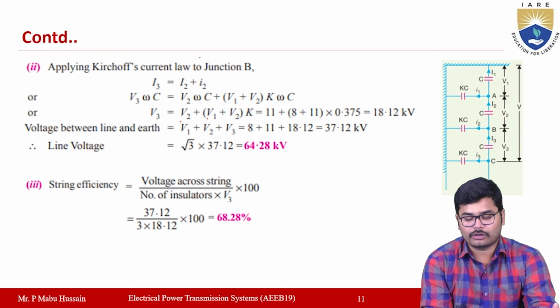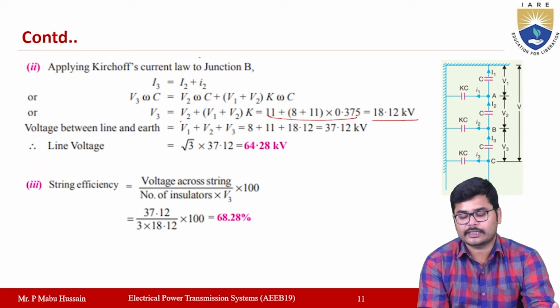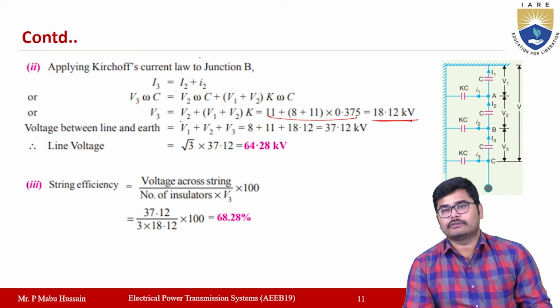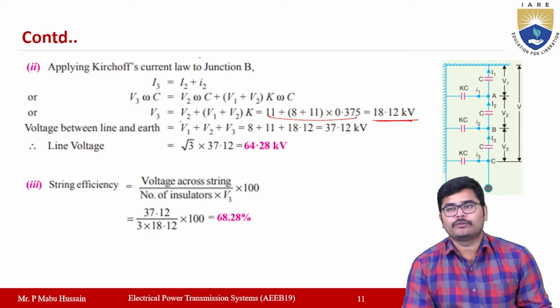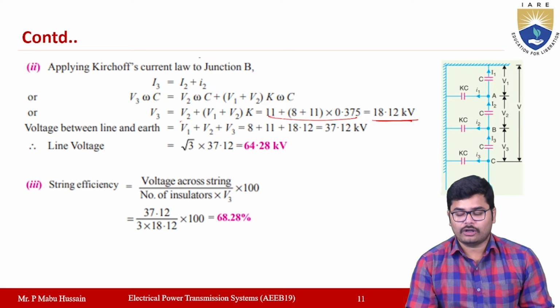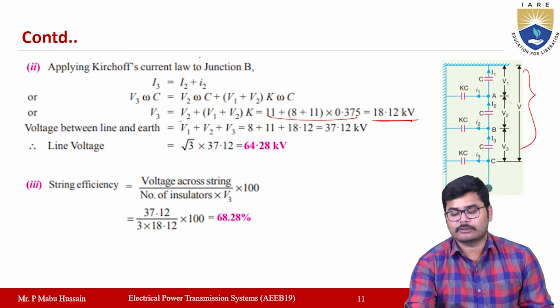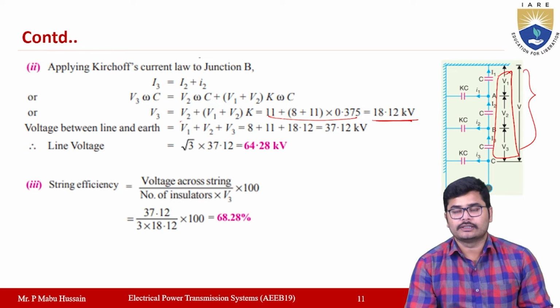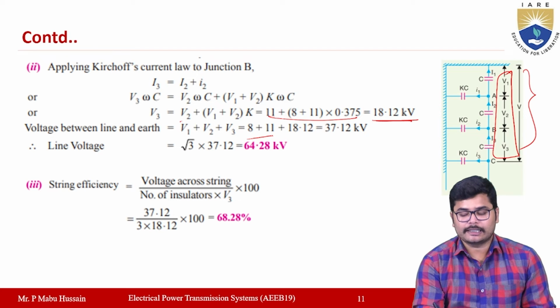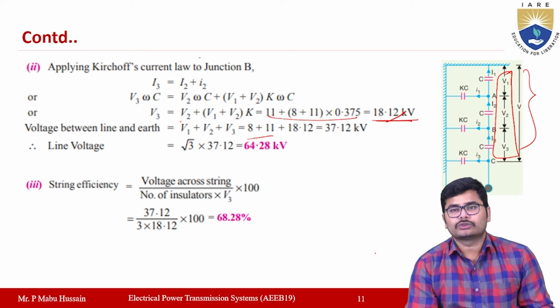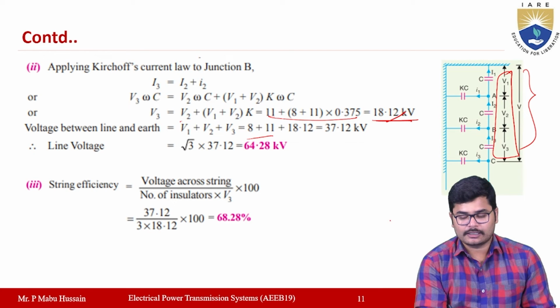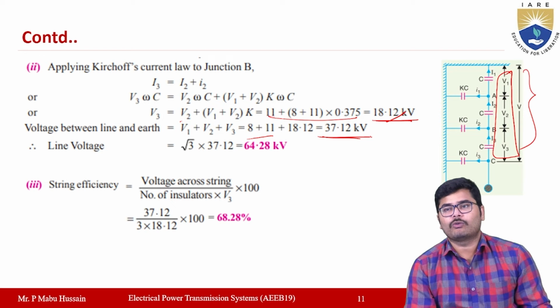The voltage across the third unit, V3, will be equal to 18.12 kilovolts. Now the total voltage across the string is nothing but the sum of all these three voltages, V1 plus V2 plus V3. V1 and V2 are given, 8 plus 11, and V3 we calculated, which is 18.12. So the total voltage across the string is 37.12 kilovolts.